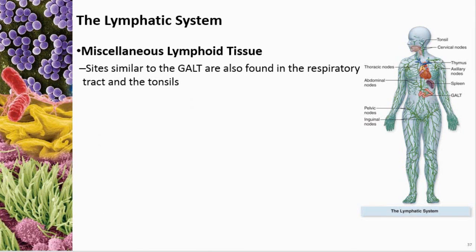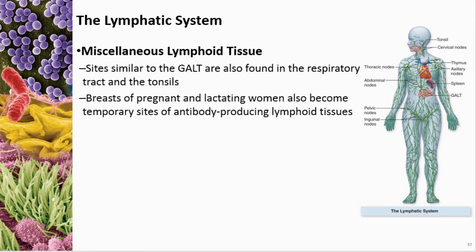Okay, so similar to the GALT, which is gut-associated lymphoid tissue, we have this lymphoid tissue in the respiratory tract, and I've mentioned the tonsils as well. And when women are lactating or nursing, they are also producing antibodies in the lymphoid tissue in the breasts. And these don't function all the time, evidently.